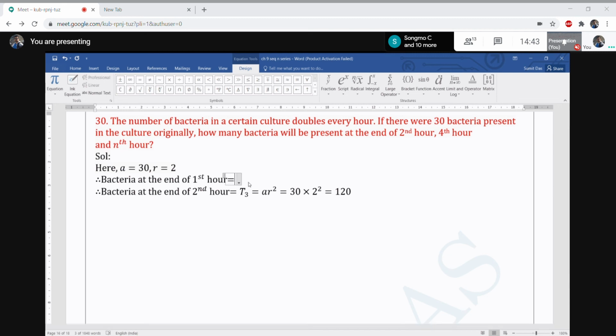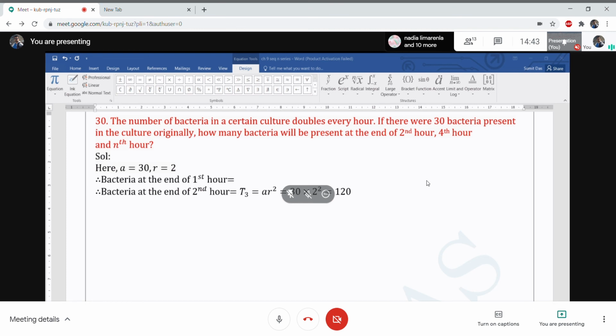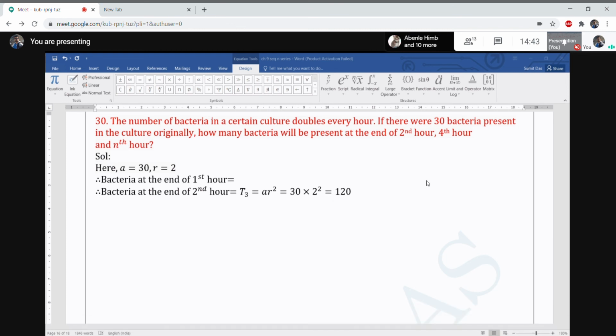If originally 30 bacteria were present, what will be the number of bacteria at the end of the first hour, if the number doubles every hour? Please, can anyone tell me? Anyone? Let me answer this first.